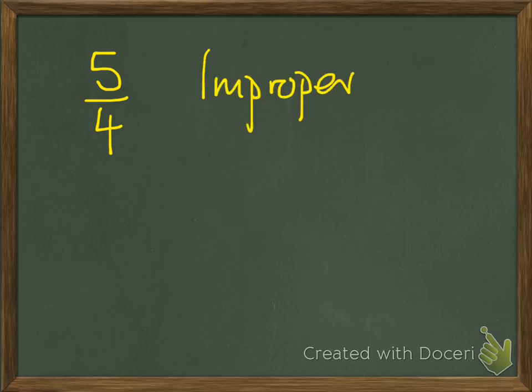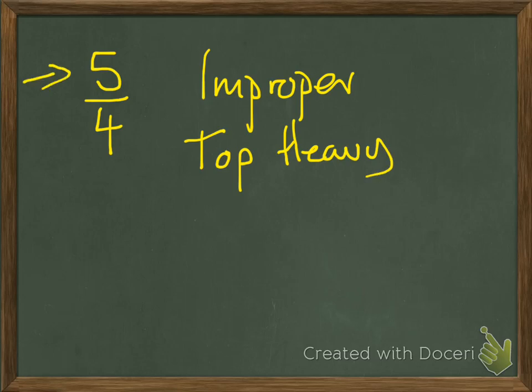So this is the concept: 5 quarters is an improper fraction. It's improper, or as you may have heard it called at school, top heavy, because the numerator is larger than the denominator, and from the diagram it must mean that it's more than 1.